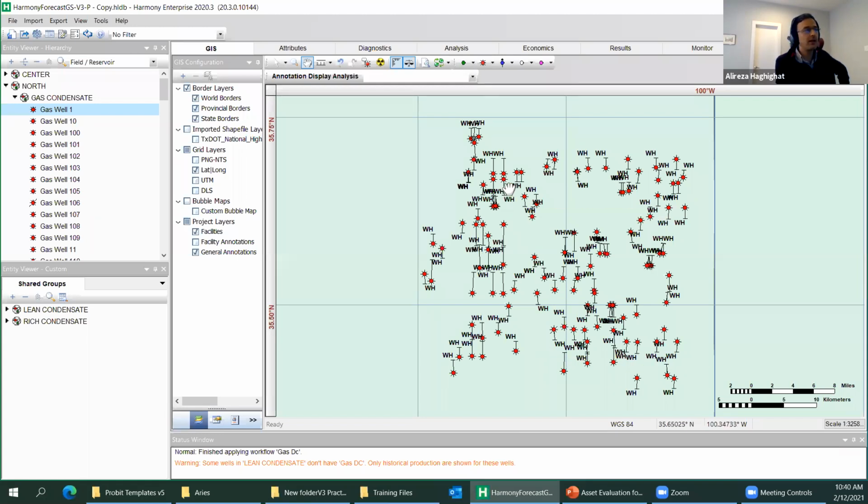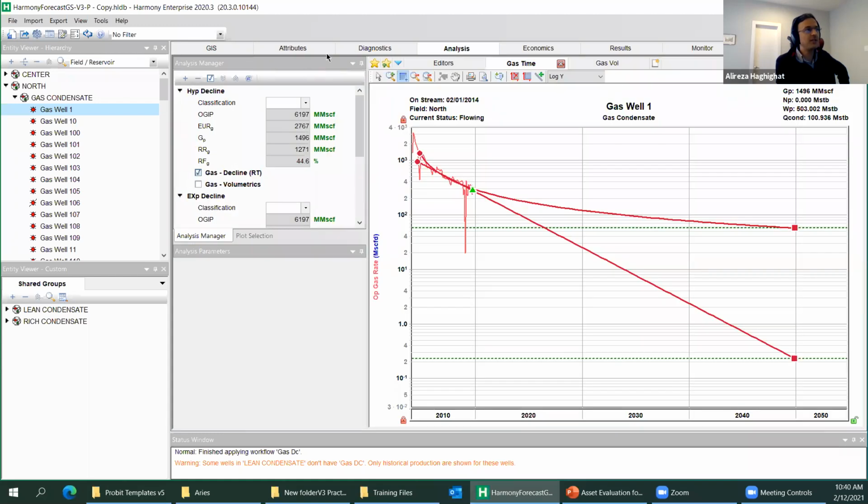This is an unconventional gas condensate reservoir. So if the recovery is between 35 and 45, that tells you, okay, this hyperbolic decline is more reliable. This is something that you can use for your studies and asset evaluation. So with the help of gas volumetric, you can understand which decline curve analysis you can use.